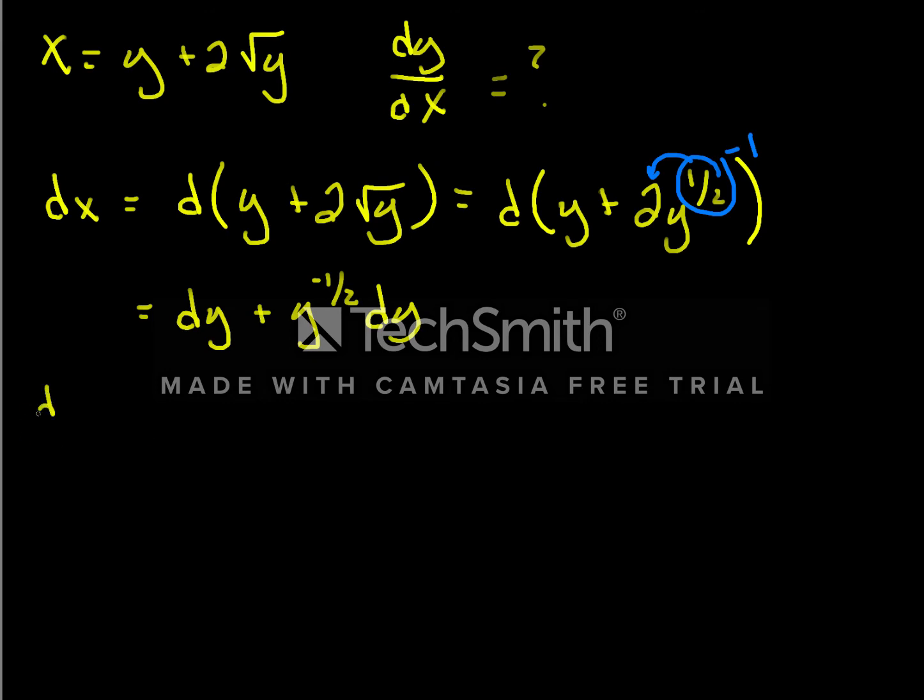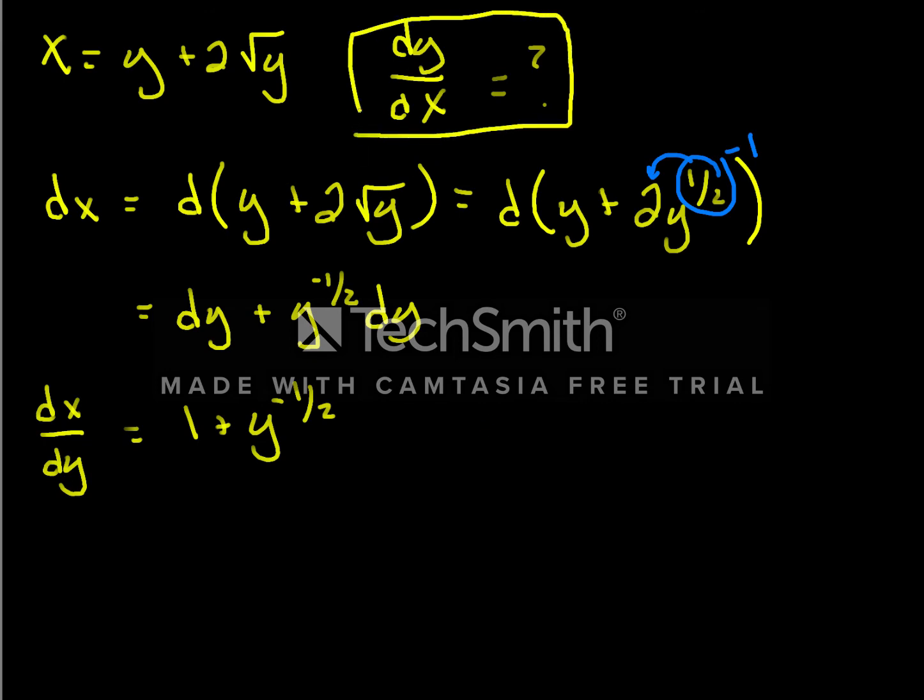So that means dx/dy is equal to 1 plus y to the minus 1/2. But that's not what I wanted to know. I want to know what is dy/dx, but that's simply taking the reciprocal. So dy/dx is 1 over 1 plus y to the minus 1/2.